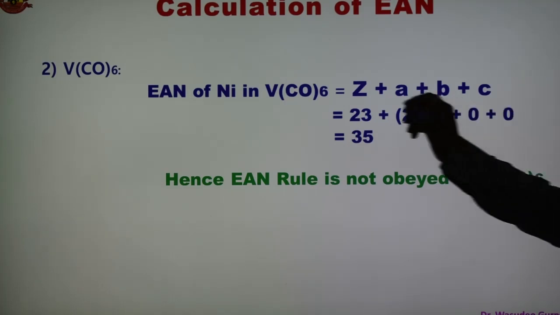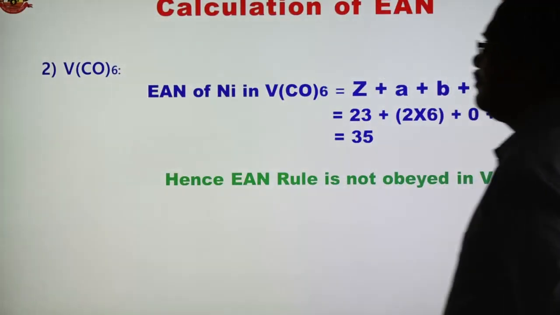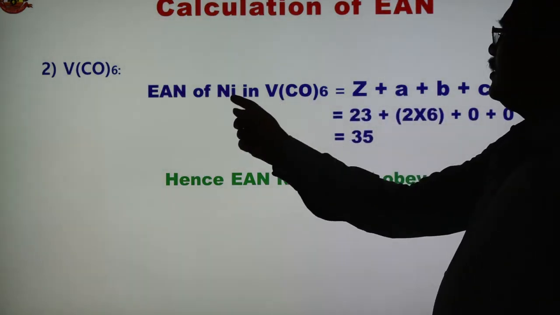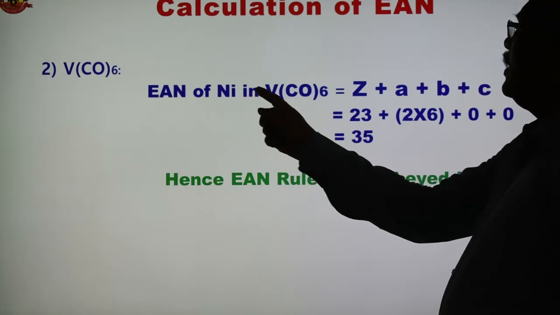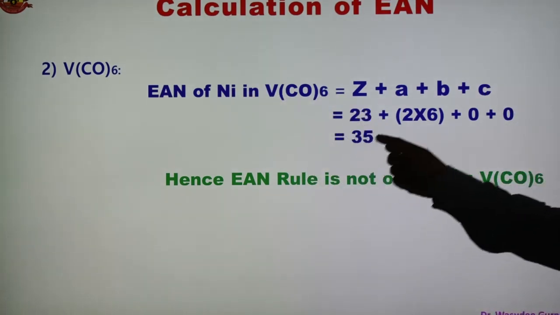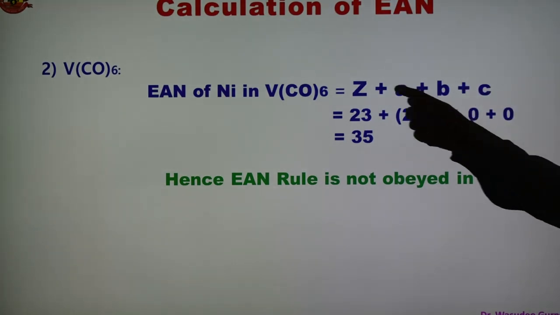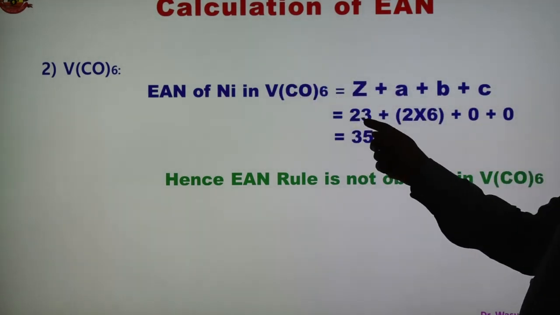VCO6, hexacarbonyl vanadium. So in this case, we calculate the EAN of vanadium in VCO6. The formula is again Z plus A plus B plus C, and the atomic number of vanadium is 23.